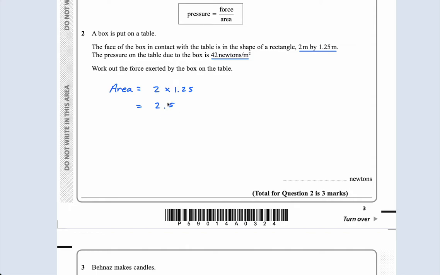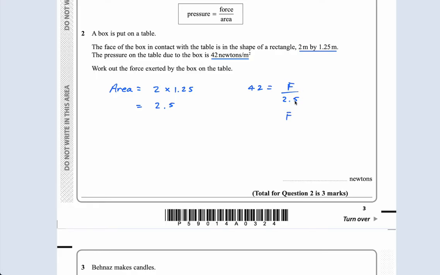Now I have the area and I have the pressure. So I'm going to say 42 is equal to force, which is the thing I don't know, let's just call it F, over area, which is 2.5. How do I get F on its own?